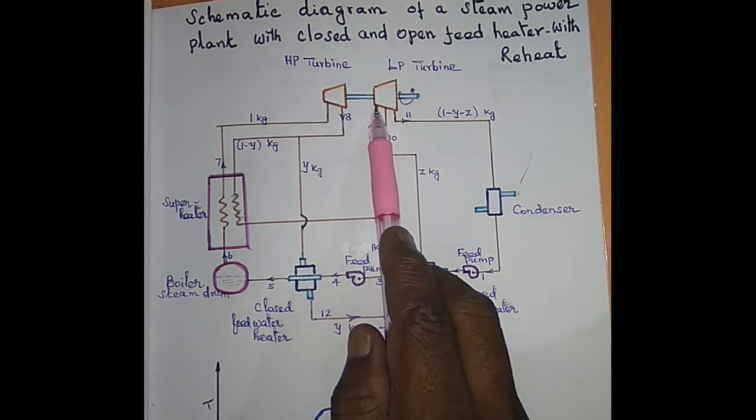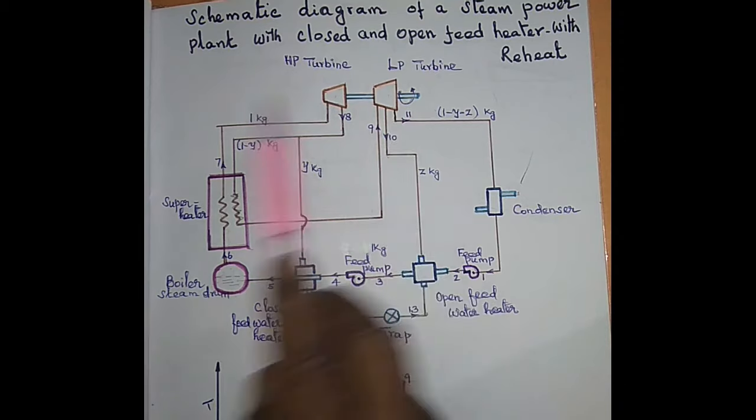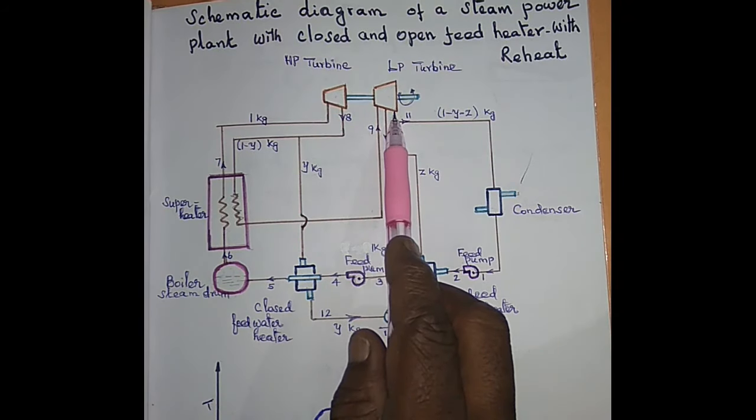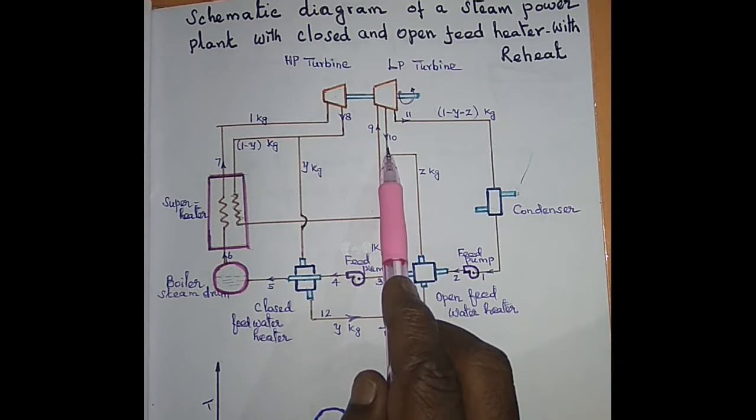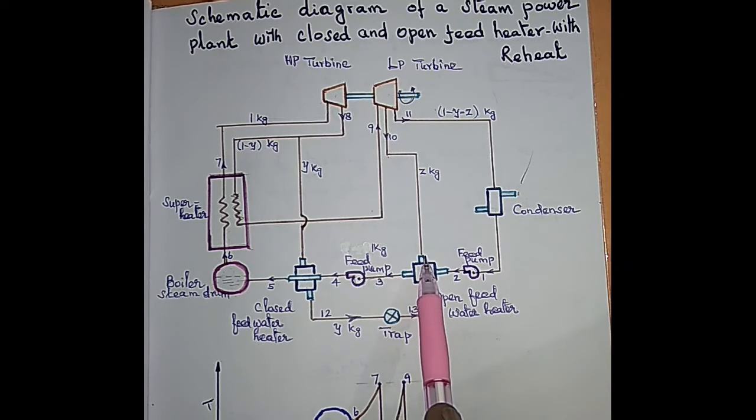Okay, so here 1 minus Y kilogram is entering and the expansion takes place. Somewhere in between, Z kilogram of steam is bled.